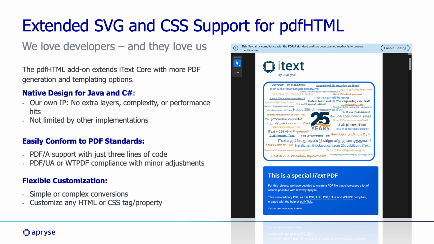We actually developed all of these things ourselves, and you can get access to our source code on GitHub and learn how we did it. That enables us to tie HTML elements to the layout elements that we have in core. So let's say if you have a P tag in HTML, we map it to a paragraph in iText core.